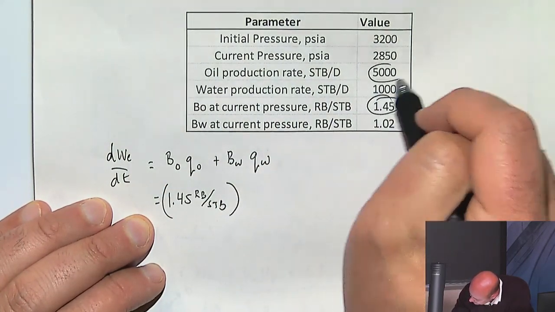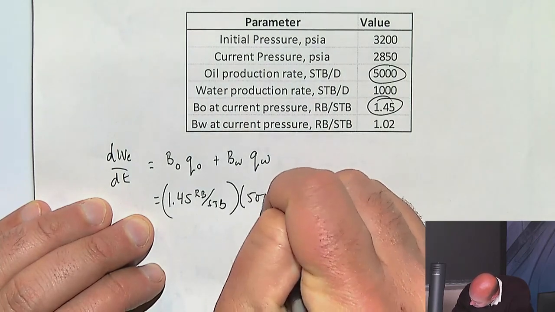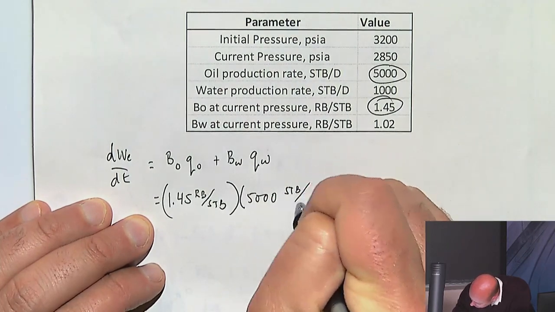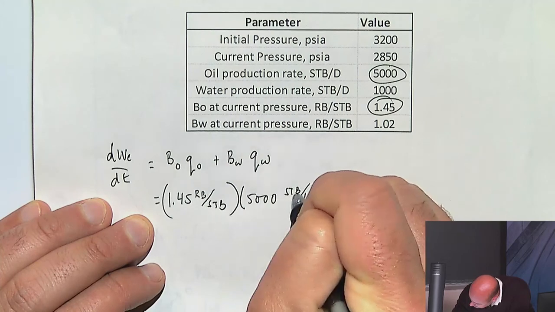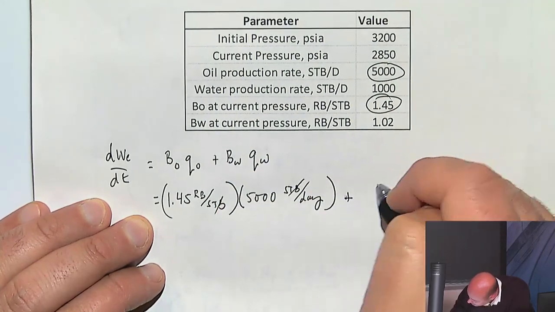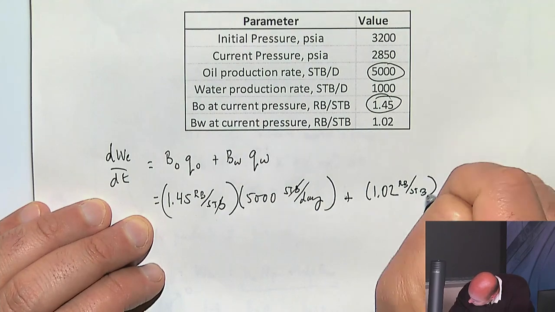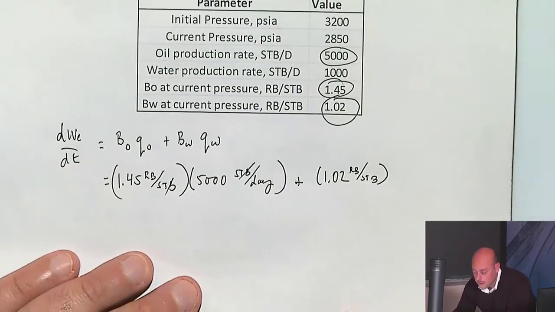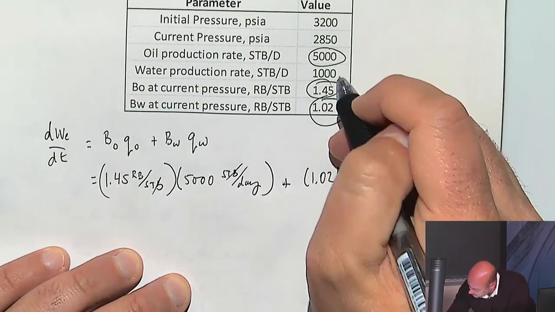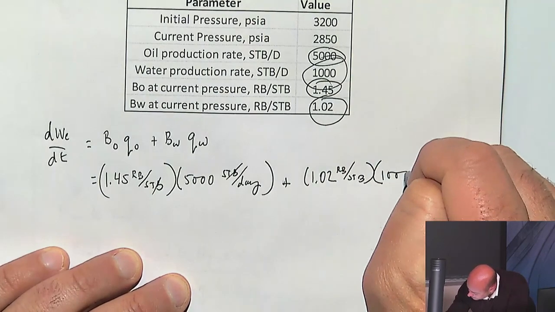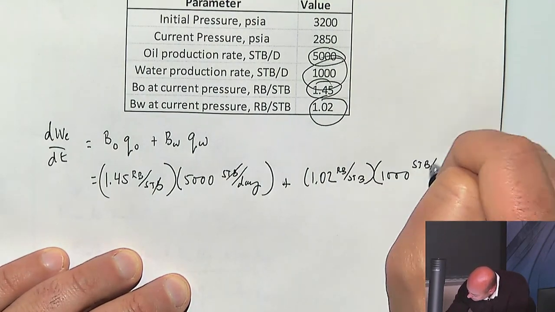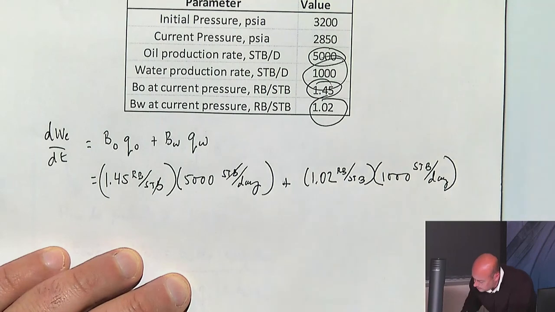QO is 5,000 stock tank barrels per day. Make sure I include my units so that everything matches up. BW is 1.02 reservoir barrels per stock tank barrel. That's here. And then QW is 1,000 stock tank barrels per day. Right, so we're measuring that at the stock tank.